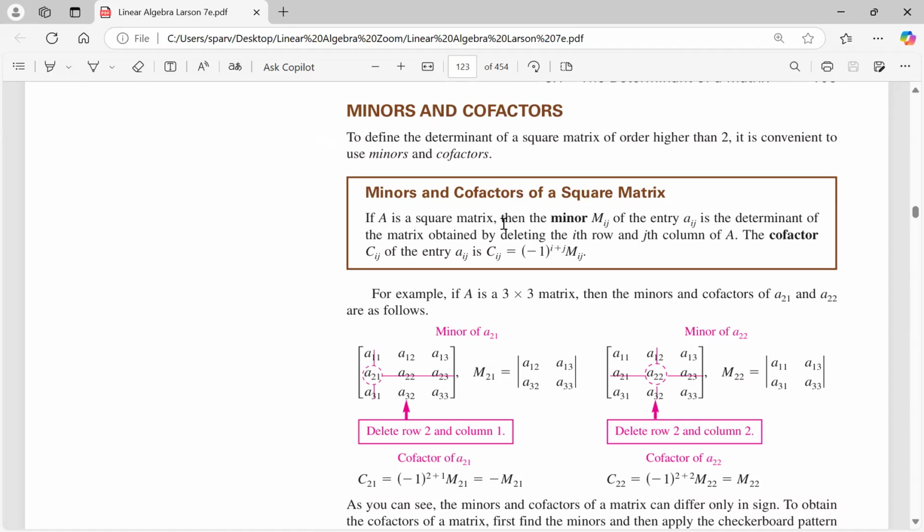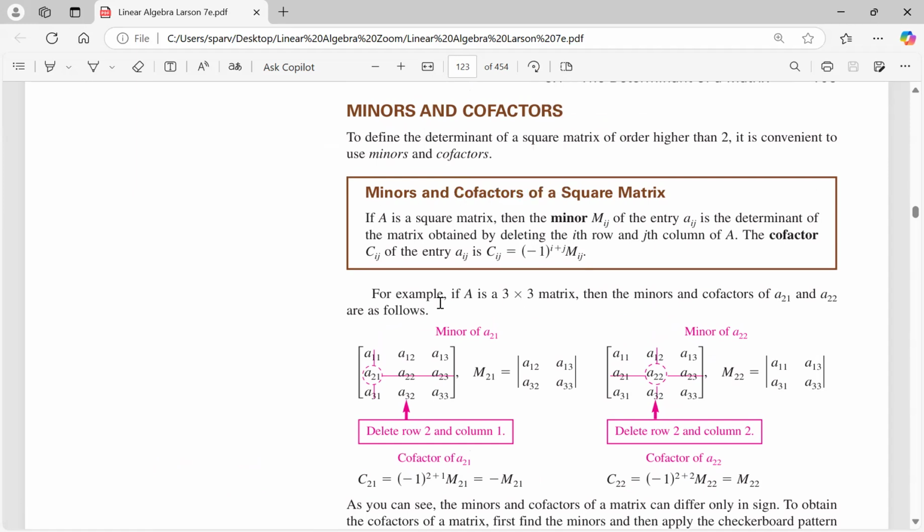Nonetheless, let's go through this process. For 3 by 3 and higher order, like 4 by 4, 5 by 5, the way to find the determinant is using the method of expansion by cofactors. That's what they call that.